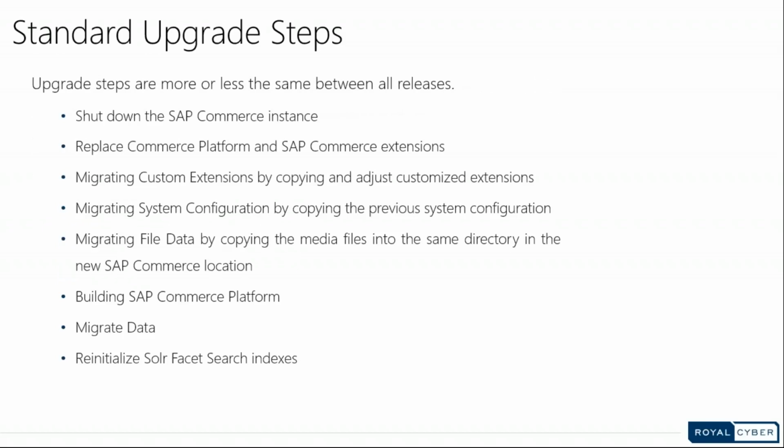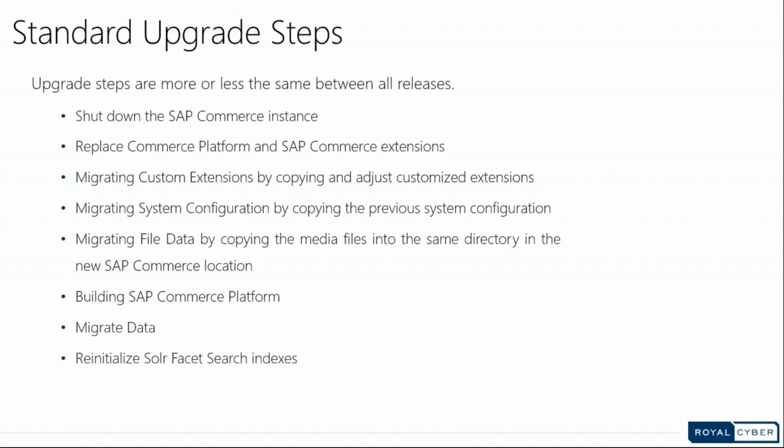And the next one is the standard upgrade steps, which we will be following as part of a regular upgrade process. It will be a usual process where we shut down the existing running SAP instance and replace the commerce platform and SAP Commerce extensions. Then we migrate the custom extensions by copying and adjusting them.